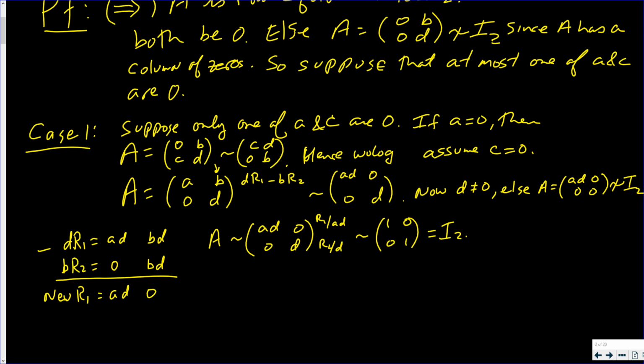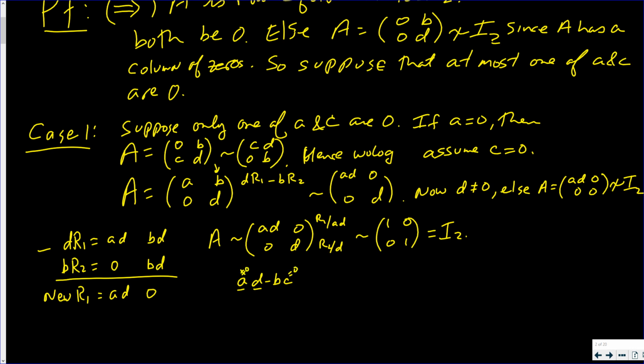Okay, so now AD minus BC. Now, A is not 0. D is not 0. But C is 0.